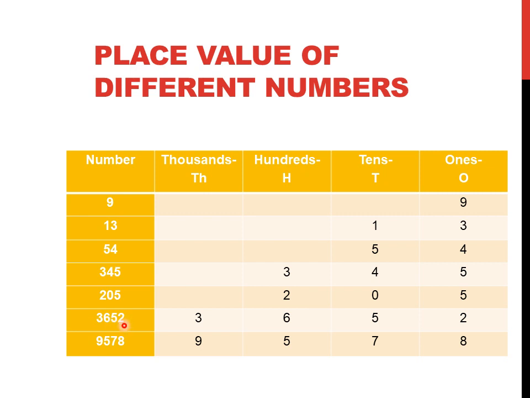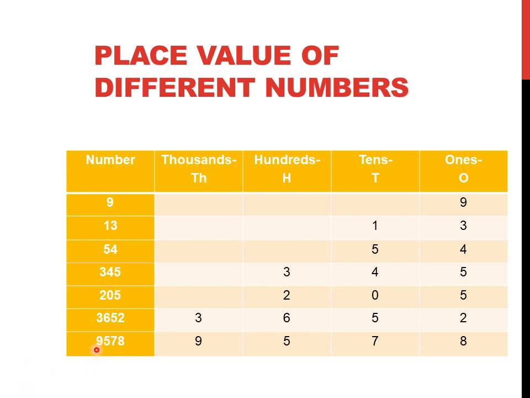In this, when you have confusion, you should assign ones place, tens place, hundreds place and thousands place. So based on that, 2 ones, 5 tens, 6 hundreds and 3 thousands.